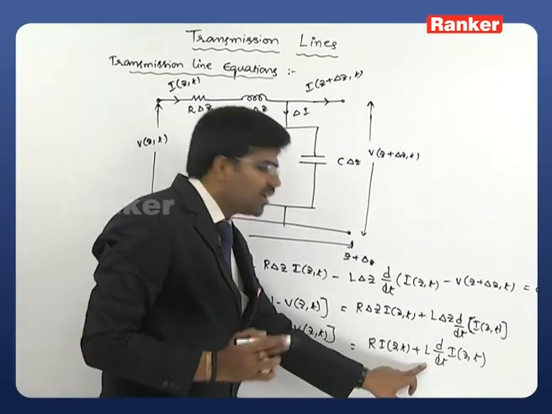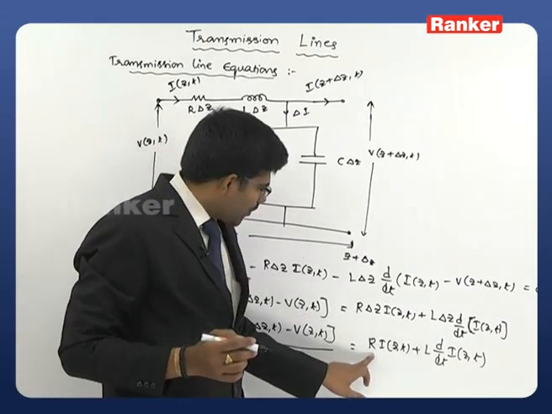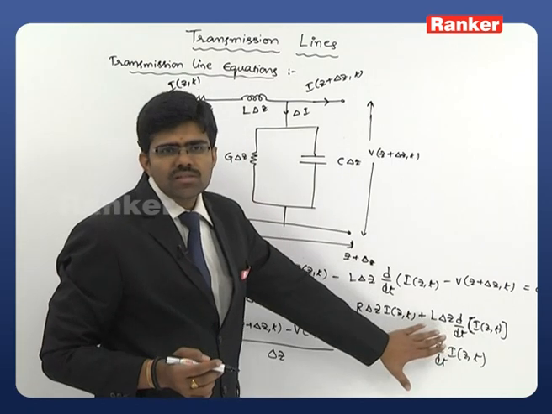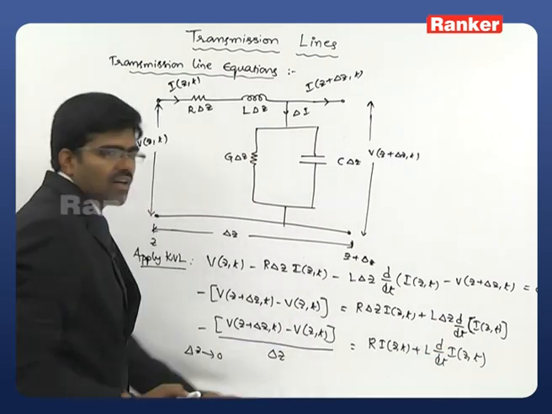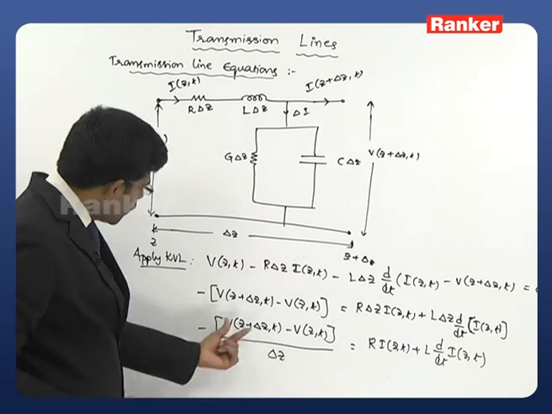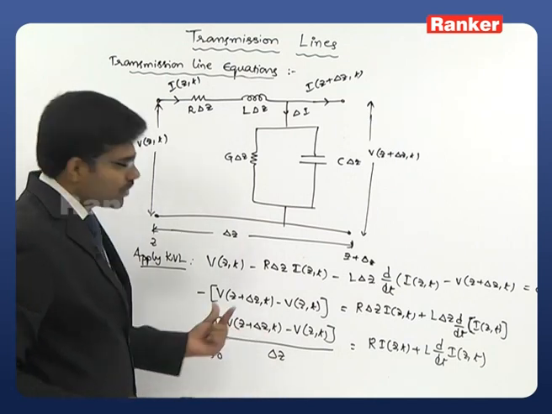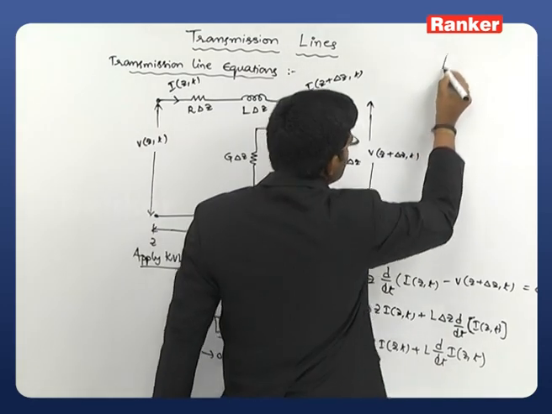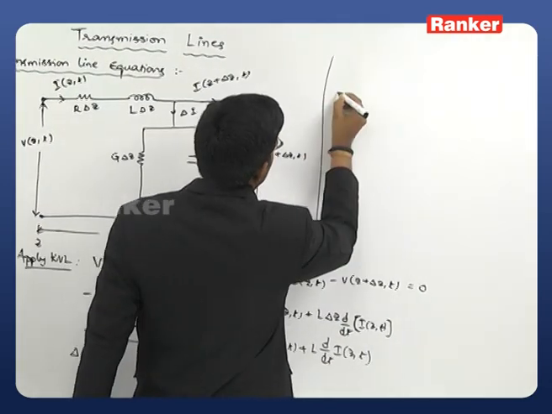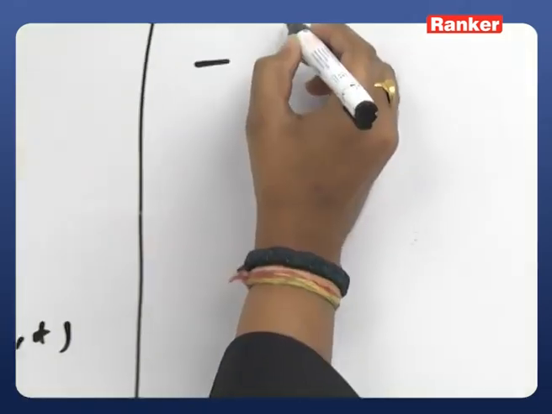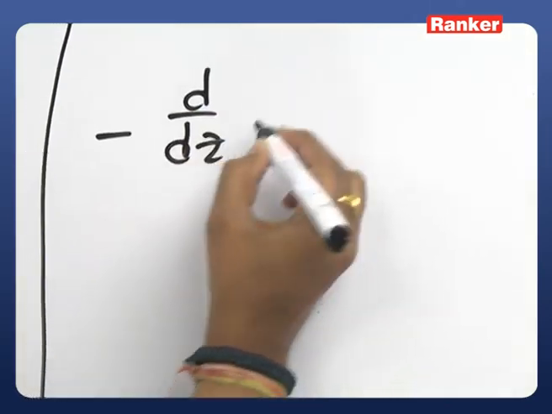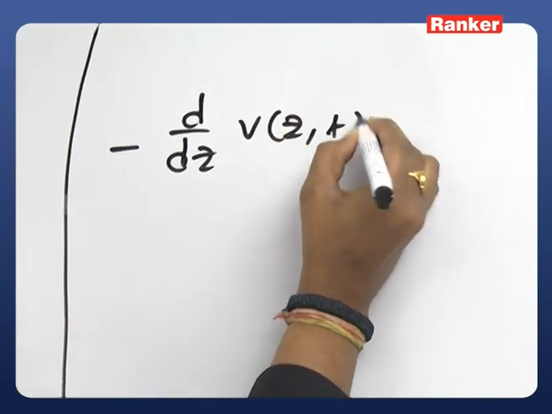Here on the right hand side there is no delta z term. So even though you are applying delta z tends to 0, there is no change in the right hand side term. Now observe the entire left hand side term. The left hand side term is nothing but the differential form of this particular function. So clearly write it down as the differential form with a negative sign in front, minus d by dz of V of z comma t.